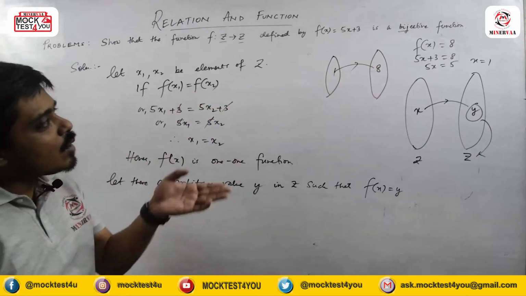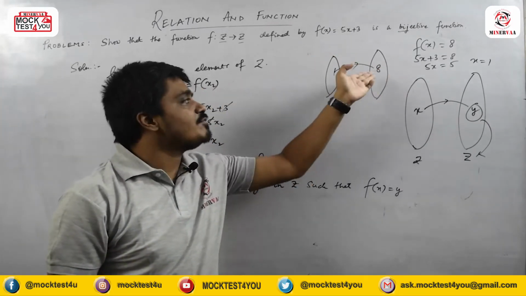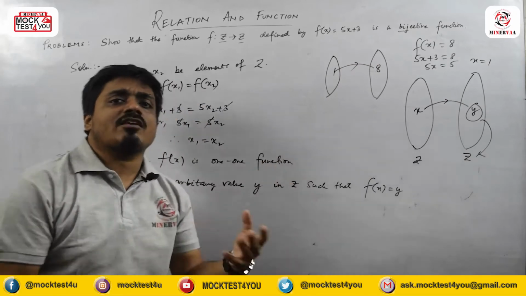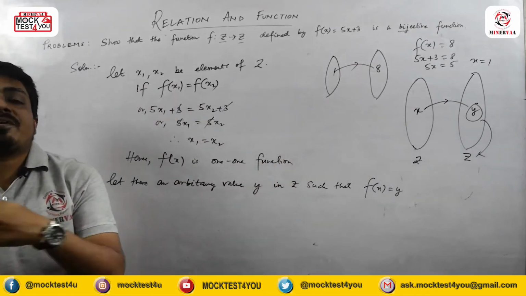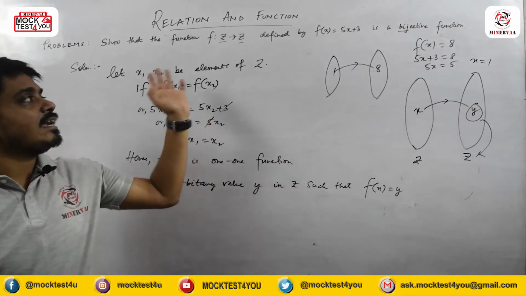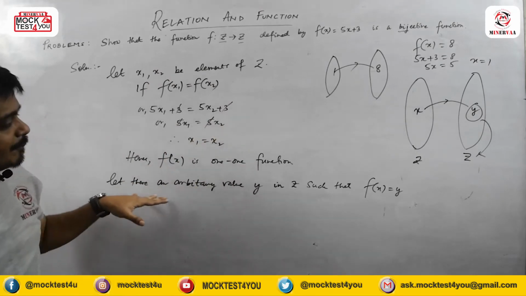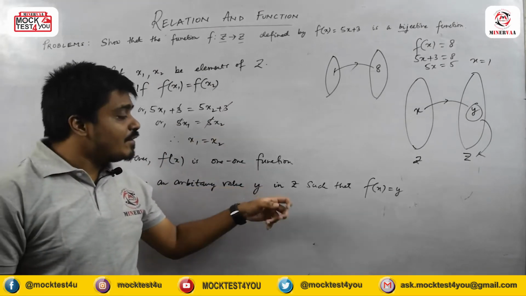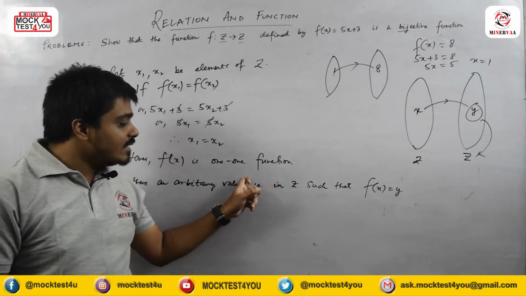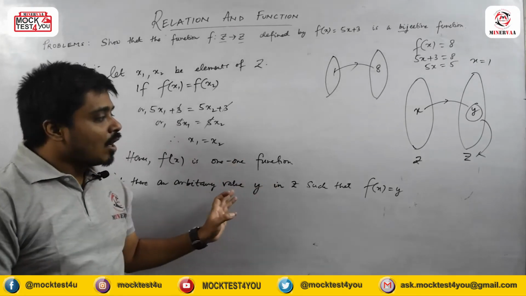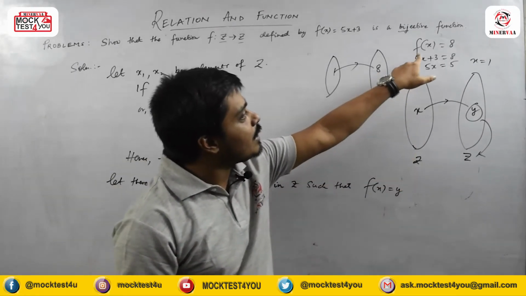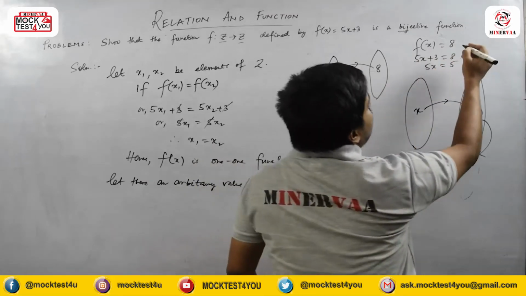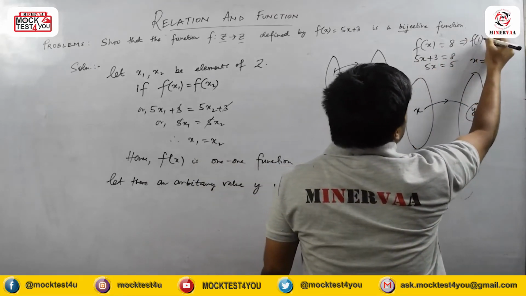So I'm just taking one particular value of y. Here I have taken 8, but I am taking a general value which represents every single value in integers. So I am representing every single value of Z with this element y. So f(x) is equal to y. You see, f(x) is equal to 8. So I can write this one as f(1) is equal to 8.